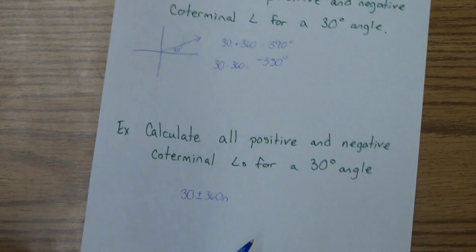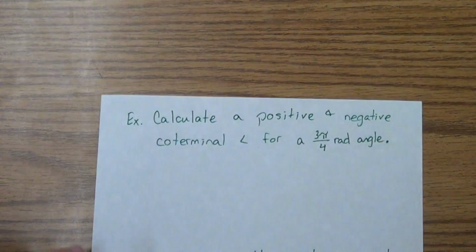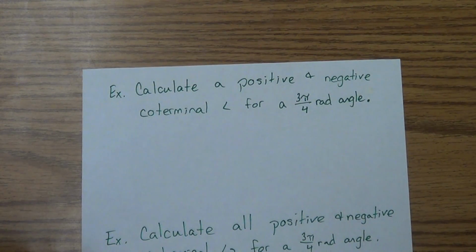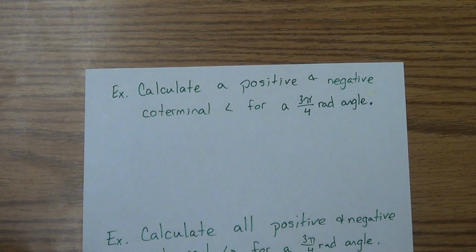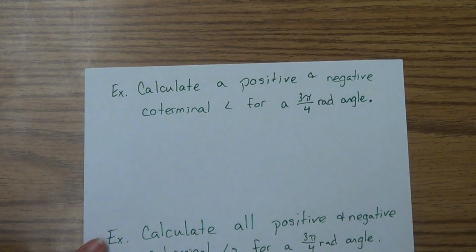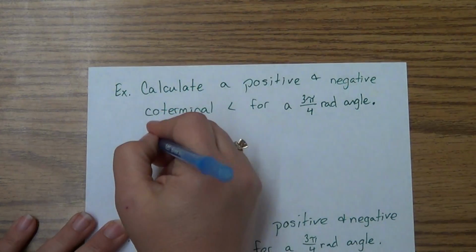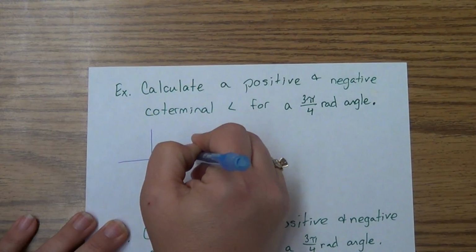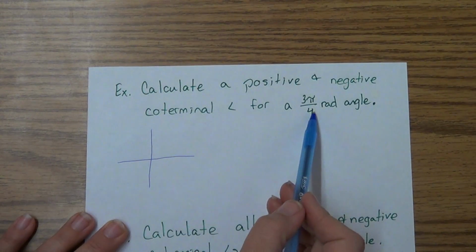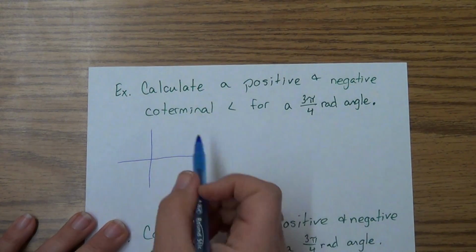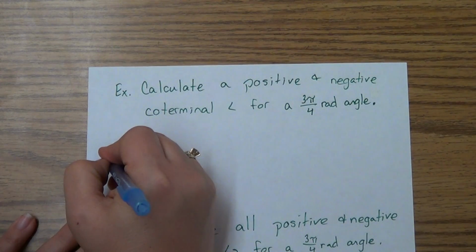All right, let's do an example in radians. So calculate a positive and negative coterminal angle for an angle that's 3 pi over 4 radians. All right, so let's draw our picture. If we're in fourths, remember this is 1 pi.